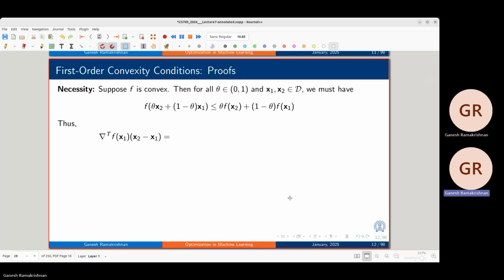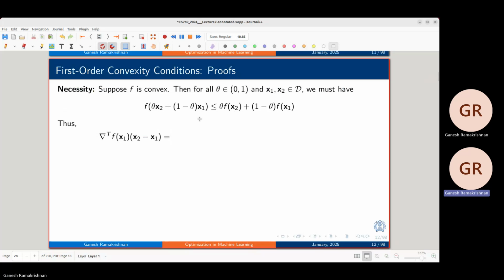The only trick is I have to get a gradient somewhere. Somewhere the gradient should start coming in. How does the gradient come in? This is the only tricky part. Of course, there will be one more tricky part later on for strict convexity, not for strong convexity.